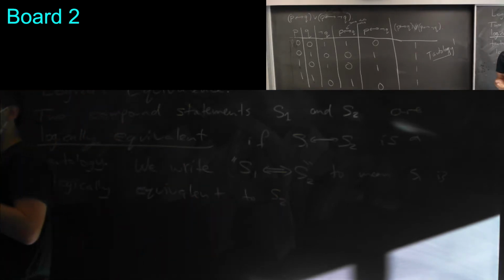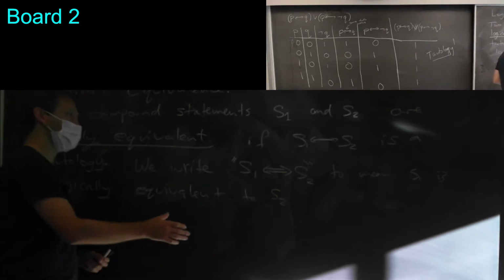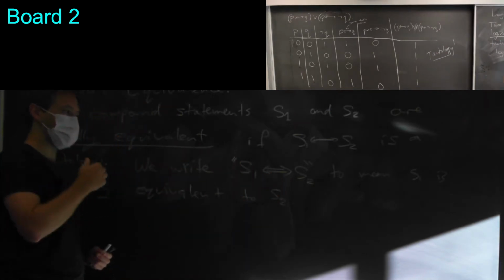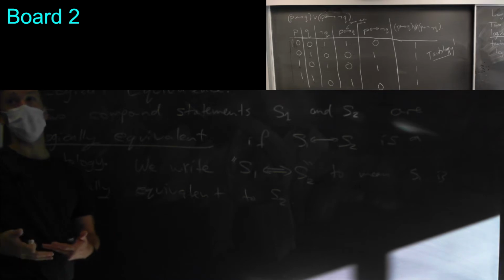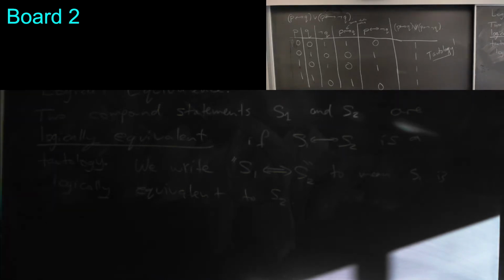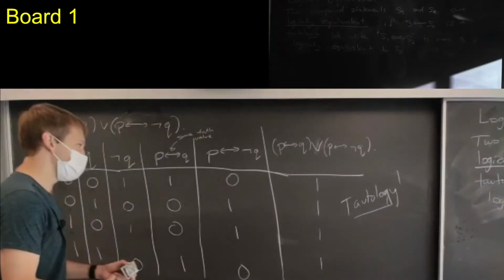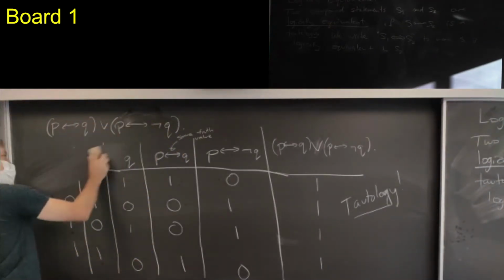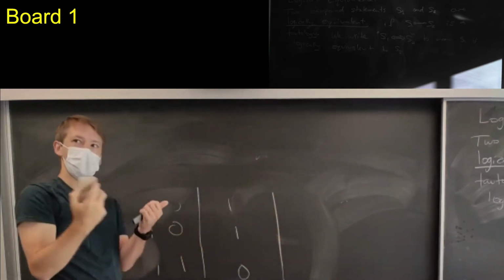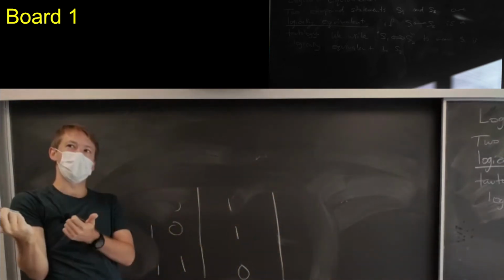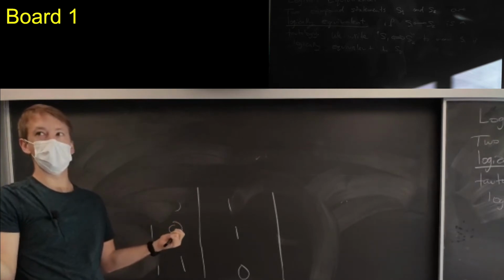If you're trying to prove two things are logically equivalent, you're trying to show that they're actually the same statement, even if they look different. So let's give an example. We discussed this last time, but I didn't give you any proof. I just made a quick comment that the double arrow is like two single arrows. Let's prove that they're actually logically equivalent.